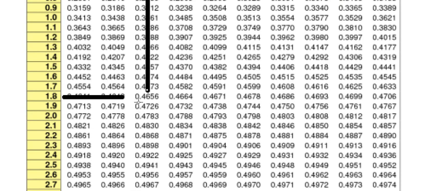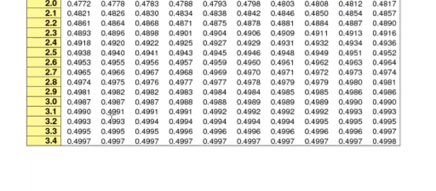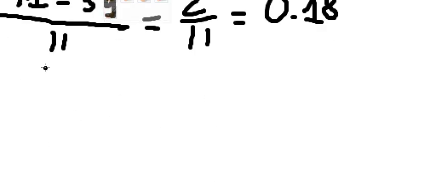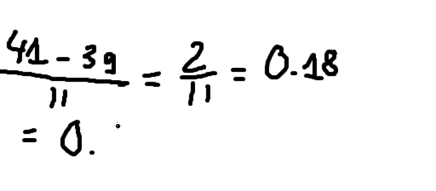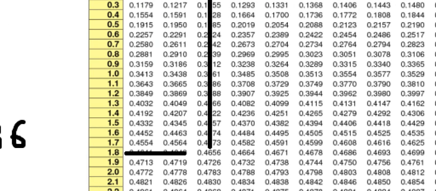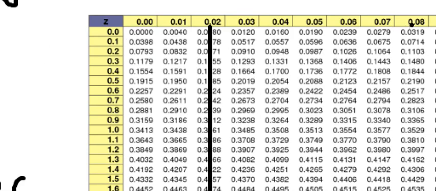So we have 0.4656. And for the second one we need to find 0.1 and number 8. And we have these numbers in here.